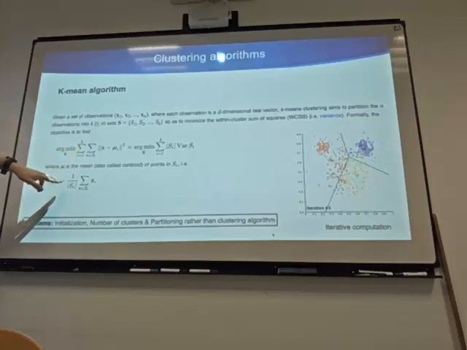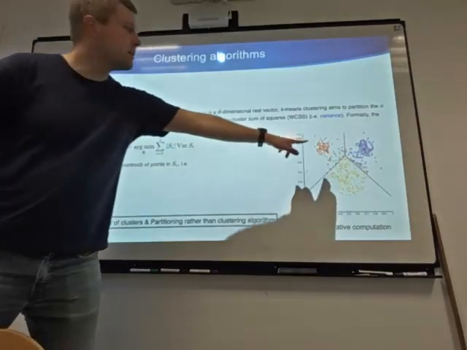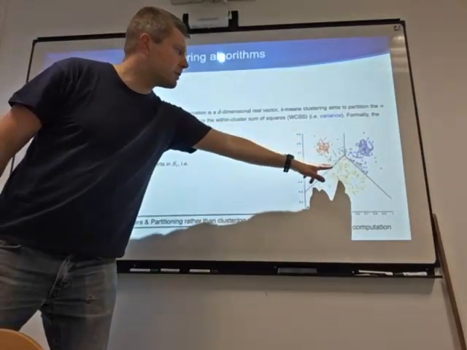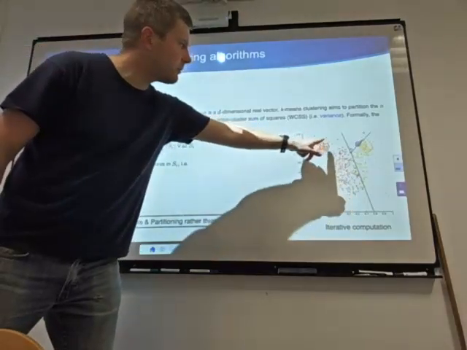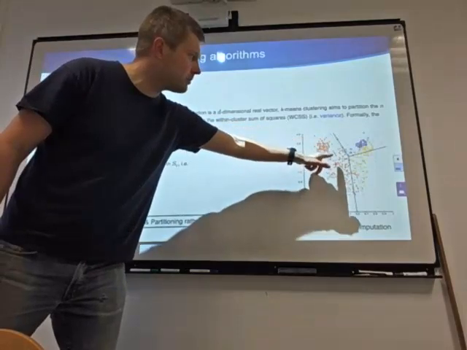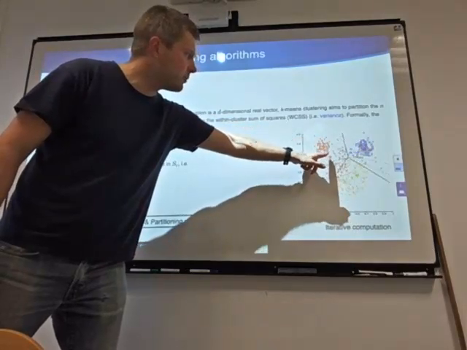And so mu is the center. Here, this is typically the red cross, because you need some iterative algorithm to position the red cross and then say that all the small red points belong to this red cross because they are the closest to the red one.